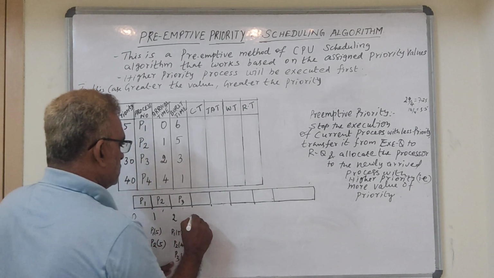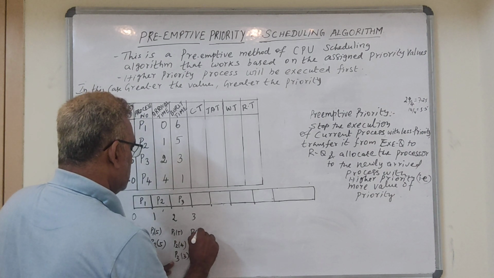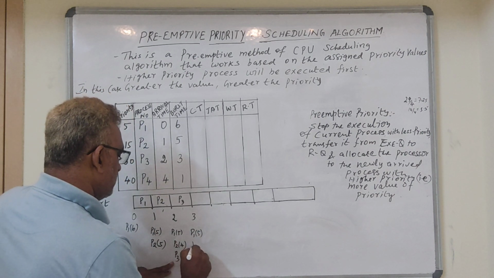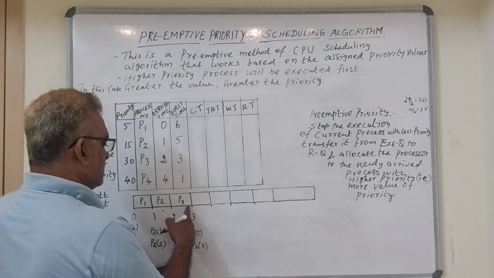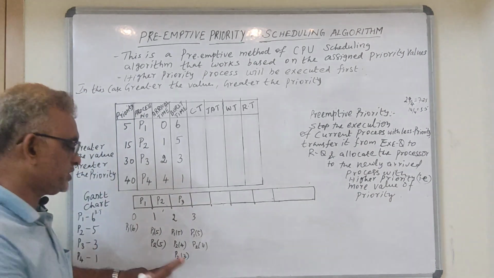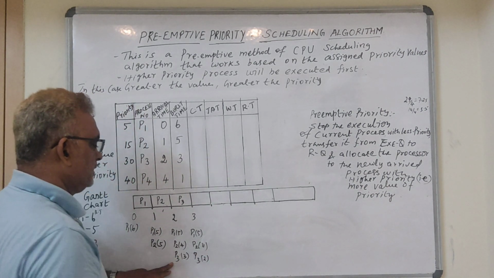So at time 3, the new list is P1 with 5 milliseconds and P2 with 4 milliseconds. P3 has completed 1 millisecond of its execution, so P3 now has 2 milliseconds.